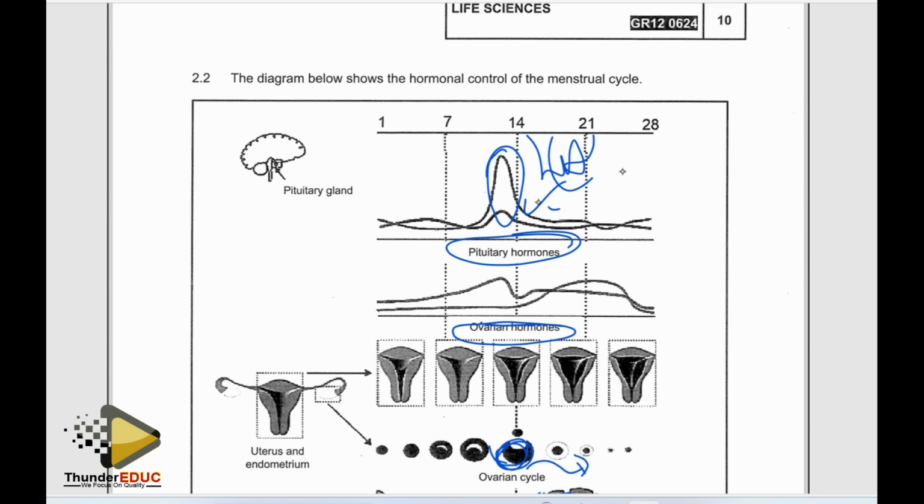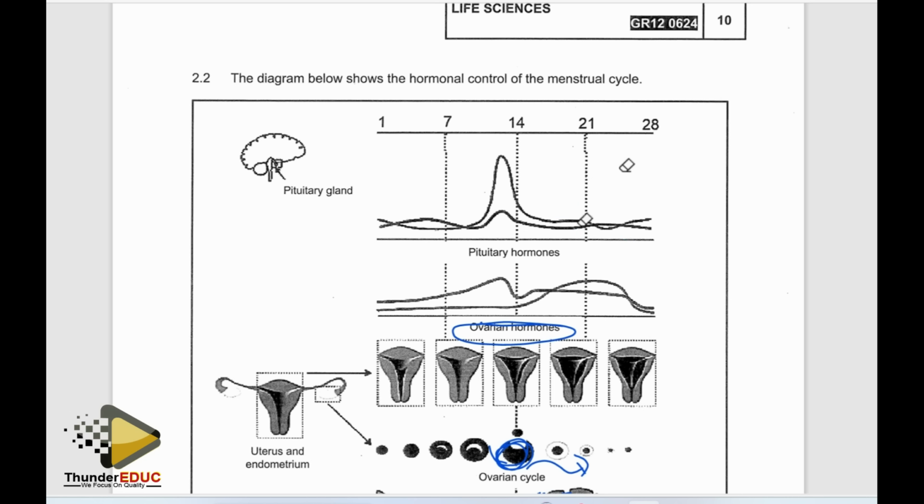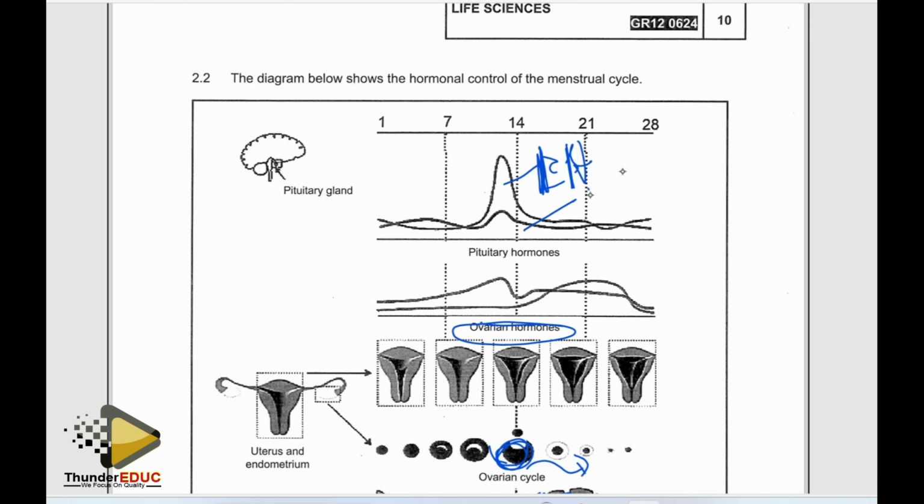So this is follicle stimulating hormone, FSH, and this one is LH. Then this one increases after day 14, so it is progesterone. And then this one is estrogen.